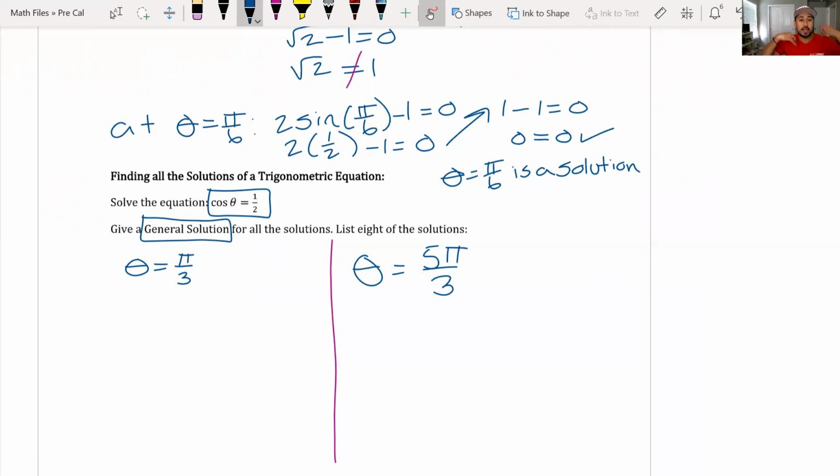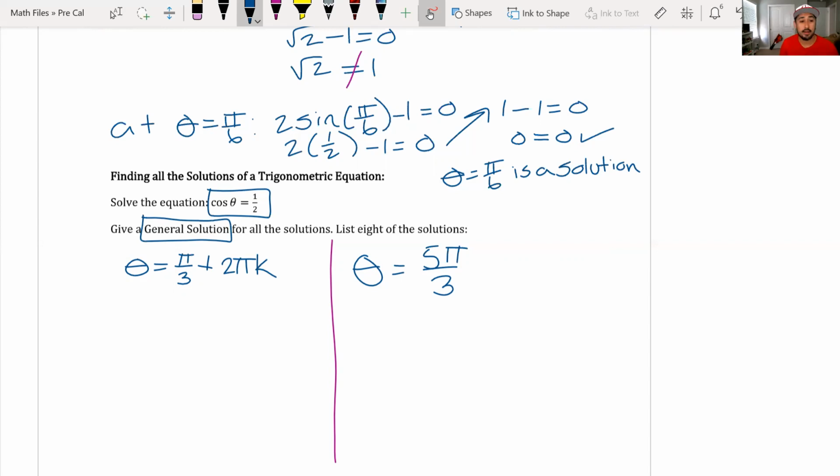But now we have to cover the general solution. This means that we need to make a formula that represents every pi over 3 and that represents every 5 pi over 3 infinitely. And the way we do that is we think of the revolutions or the period of cosine. So all we have to do here is say, all right, theta equals pi over 3 plus 2 pi k.